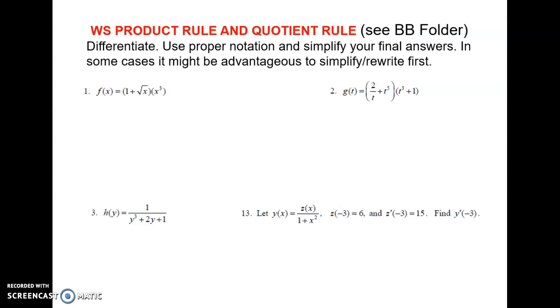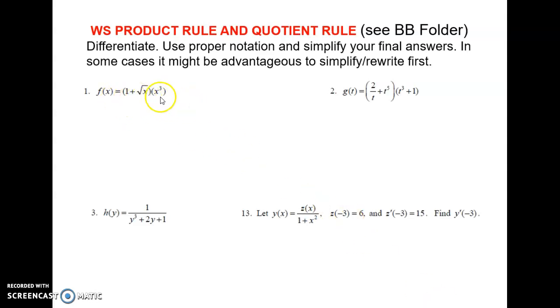These are just some of the examples on there. All the other examples are actually up there for you to do, but I wanted to do a couple with you together. So what we're asked to do is differentiate using proper notation and simplify all your answers. In some cases, it might be advantageous to simplify or rewrite first.